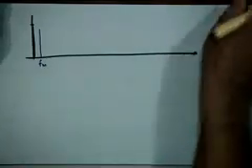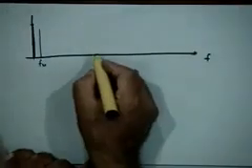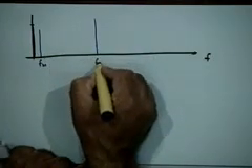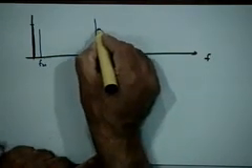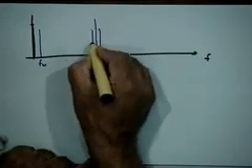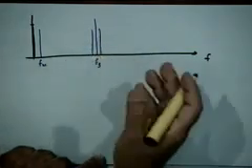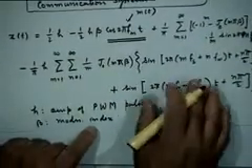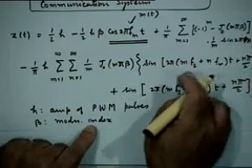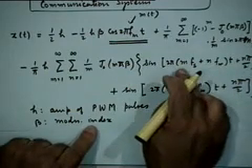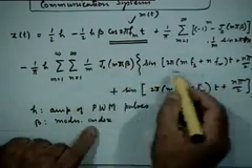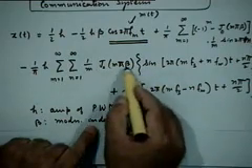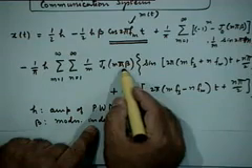Then you have a component at fs, and then you have components around fs, sum and difference. Now it turns out that how many components you have around fs will depend on various factors like beta and h, particularly beta, the modulation index, right?